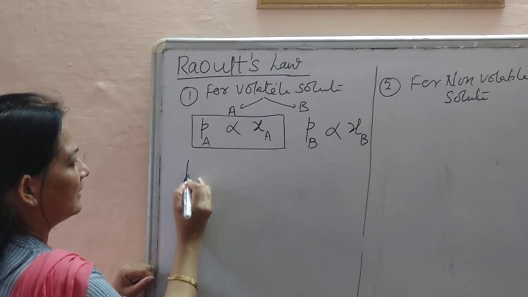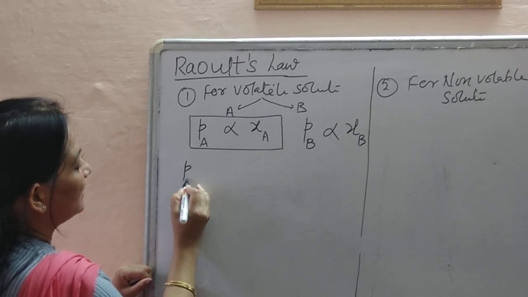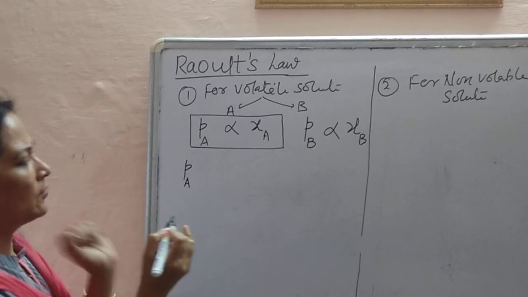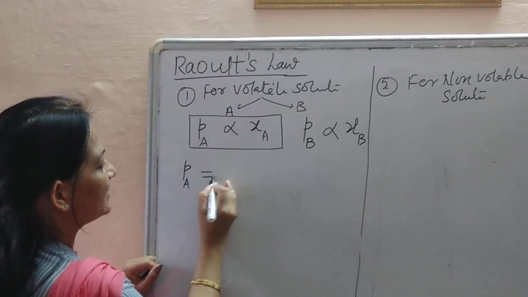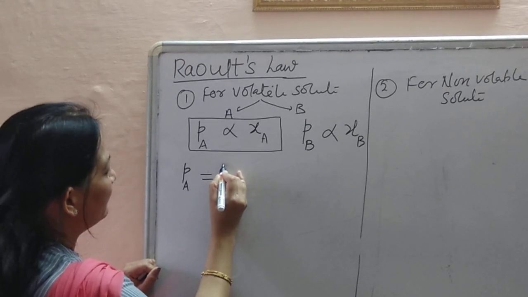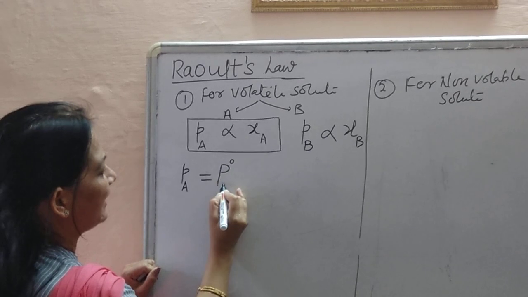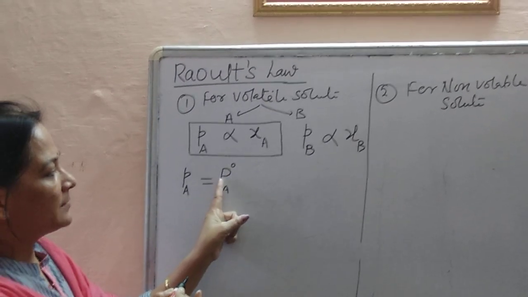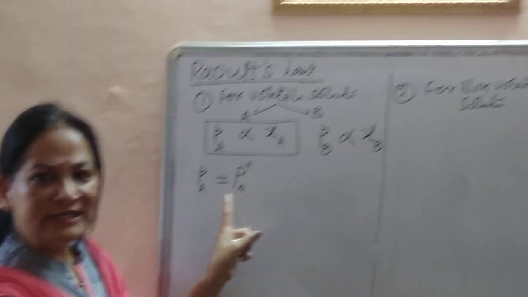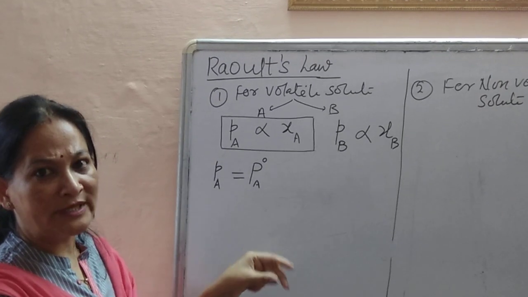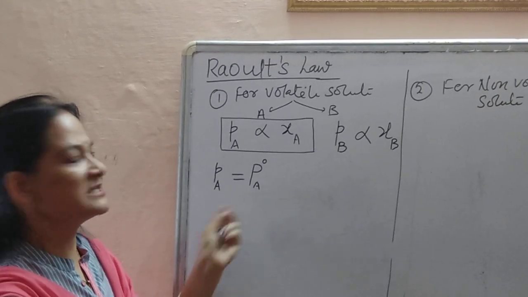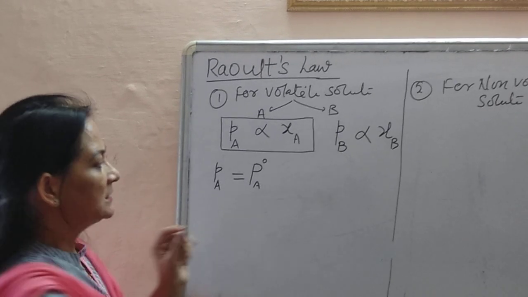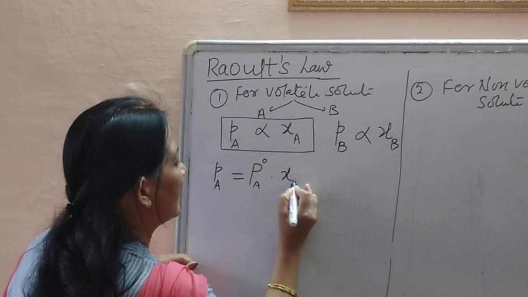See how I am writing this. This is the vapor pressure of component A, equal to P naught A, the vapor pressure of component A in pure state, meaning when no other component is present in the solvent. So pA = PA naught into XA.